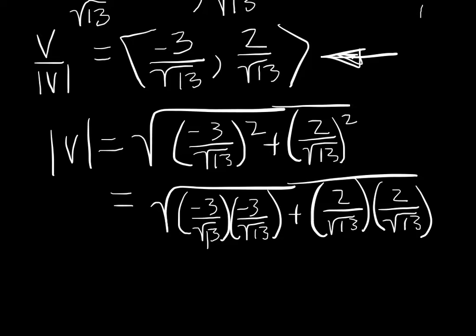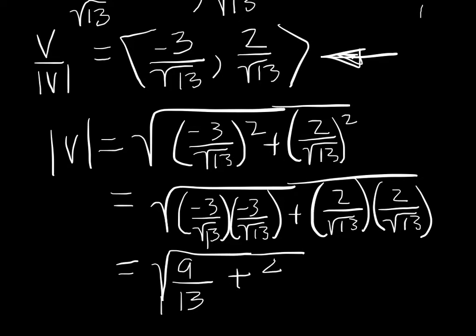When you see this, I hope you'll realize I'm going to multiply fractions here. -3 times -3 is 9. 9 over the square root of 13 times the square root of 13 is 13. Plus, multiply the numerators in the second fraction: 2 times 2 is 4. The square root of 13 times the square root of 13 is 13. I'm adding fractions. They already have a common denominator, which is 13.